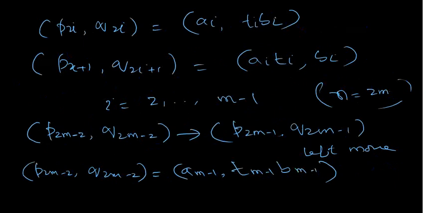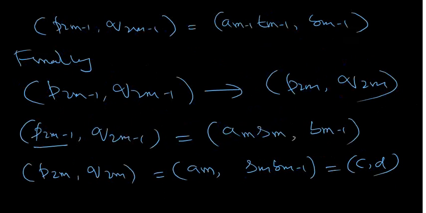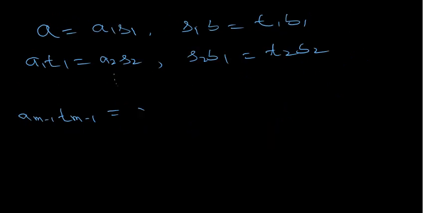AM-1. Let's see the next move. This AM-1, TM-1, it's P2M-1, but here P2M-1 is AM-SM. AM-SM. What's AM?